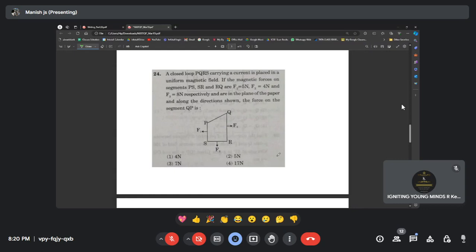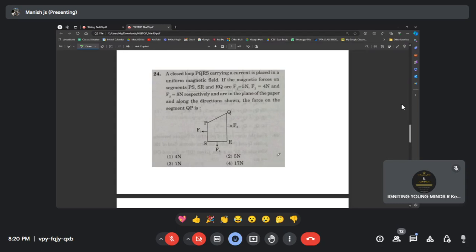The forces on segments PS, SR, and RQ are given as F1, F2, and F3, which are 5, 4, and 8 newtons respectively. So our agenda is to find out the force on the other segment, which is QP.